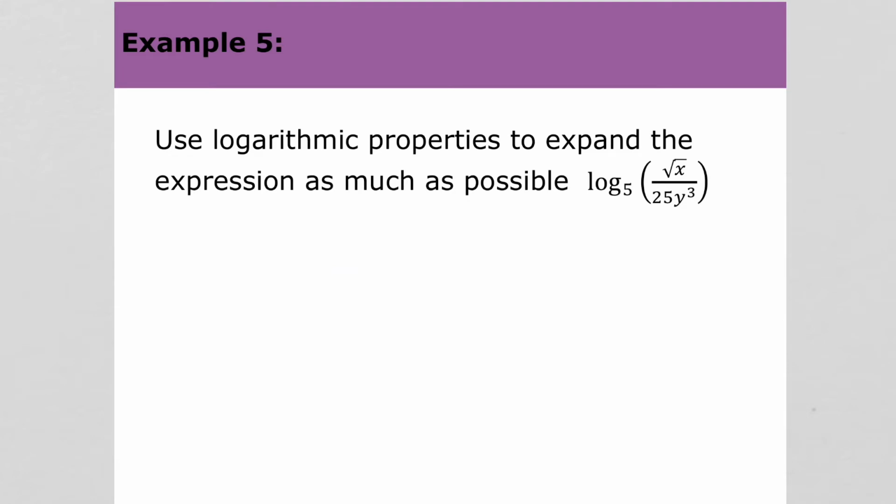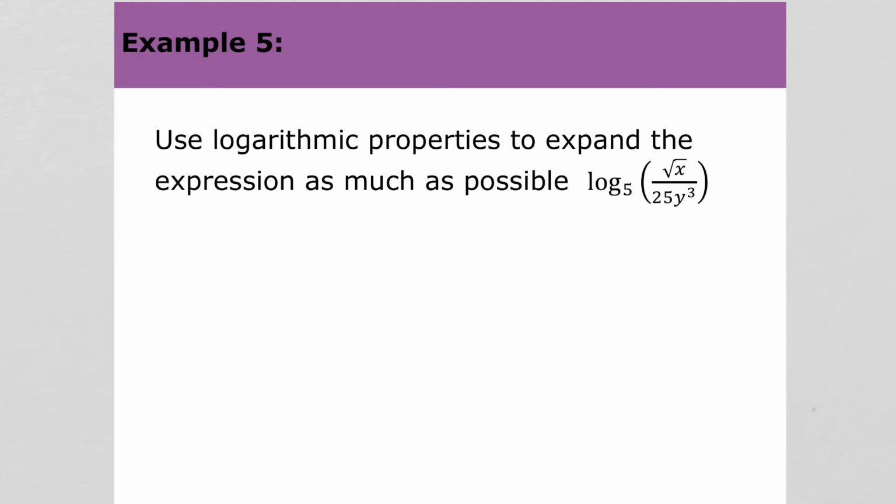For example 5, it says use the logarithmic properties to expand the expression log base 5 of the square root of x over 25y cubed. So we want to start using order of operations. We would deal with the division first here.